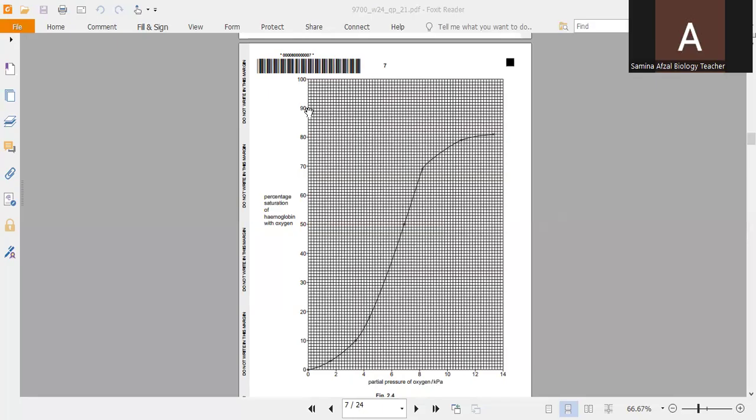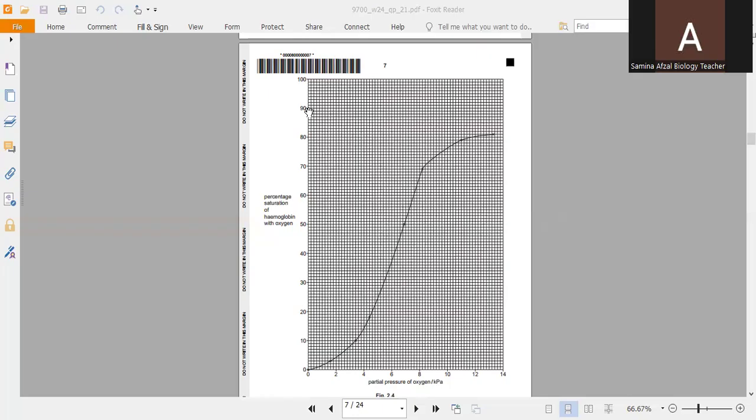So this curve shows the affinity for oxygen. So in this way, we can see that the percentage saturation of hemoglobin with oxygen is more in penguin in comparison to that bird, because the penguin can survive in water for more time, for about 20 minutes. It means its hemoglobin has more affinity for oxygen. It means its body has more oxygen in comparison to that bird.